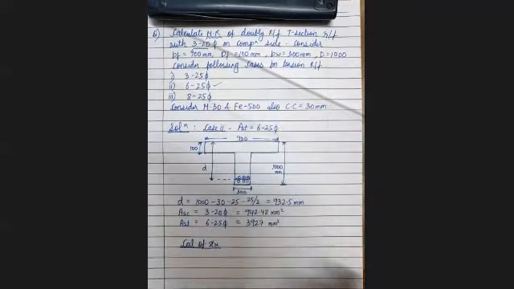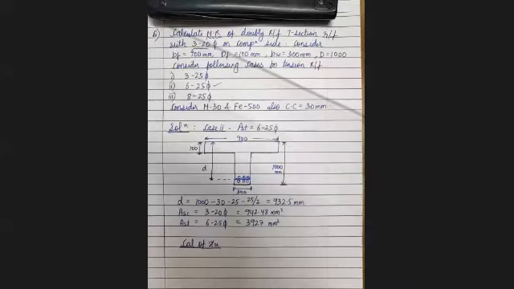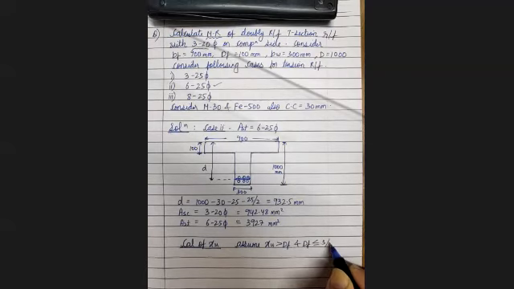Which case should I select? Start with the second case. Okay, fine. So let us assume xu is greater than Df and Df is less than or equal to 3/7 xu. Okay, so now find out xu with this assumption.